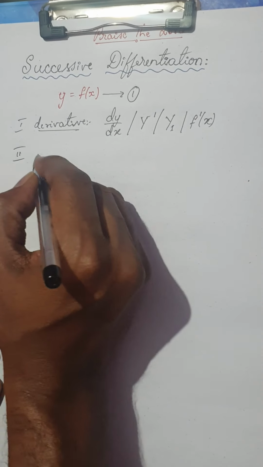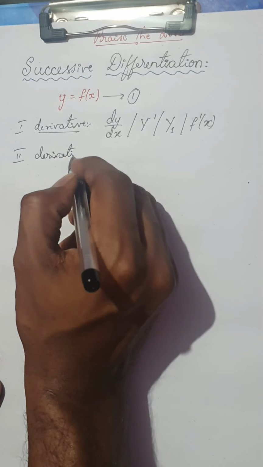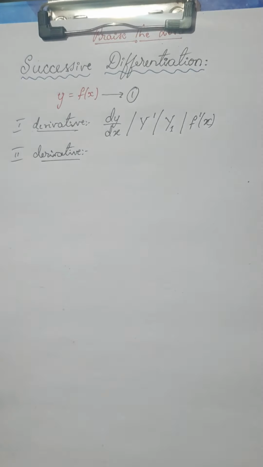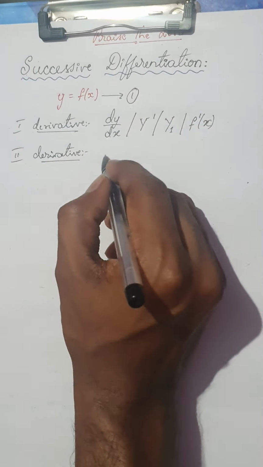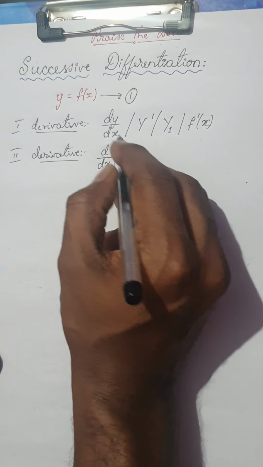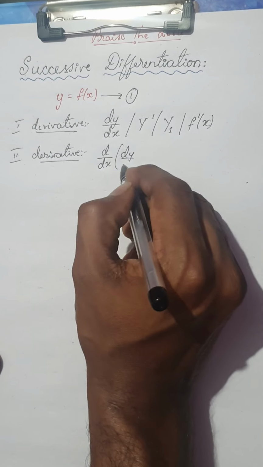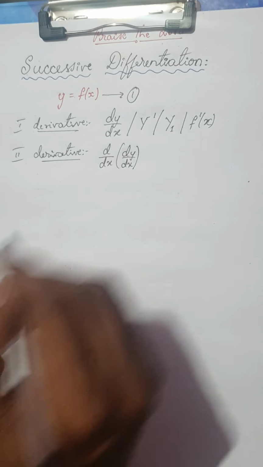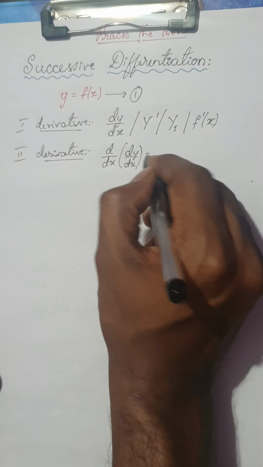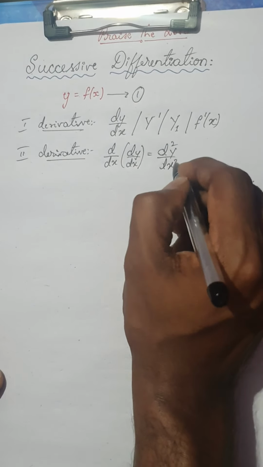Now if you go further, the second derivative of the function, second derivative means actually we are going to differentiate what has already been differentiated, that is d by dx of dy by dx. Remember, this will be d square y by dx square.